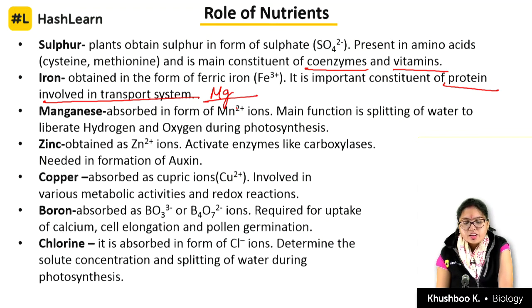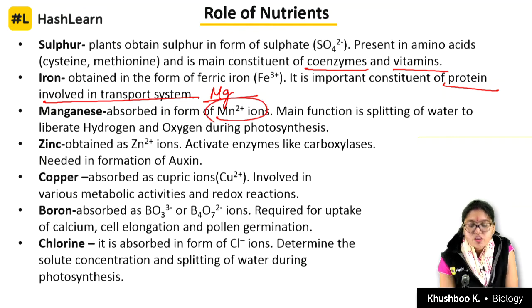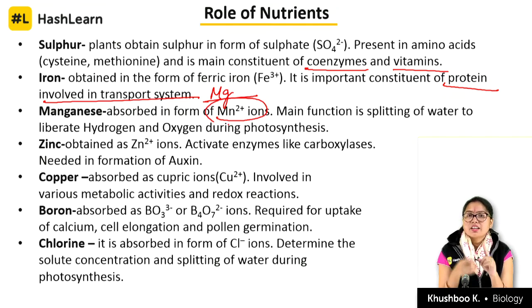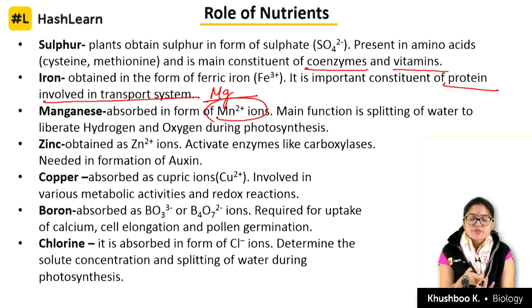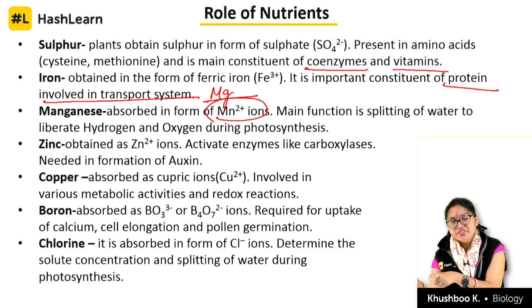Okay, next is manganese. See, in all these, सभी में क्या याद रखना है? In which form it is absorbed, where it is found, and if there is a specific function of it. ठीक है, because these functions will be related to the deficiency.